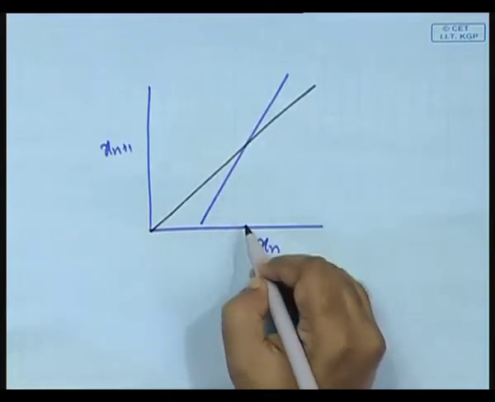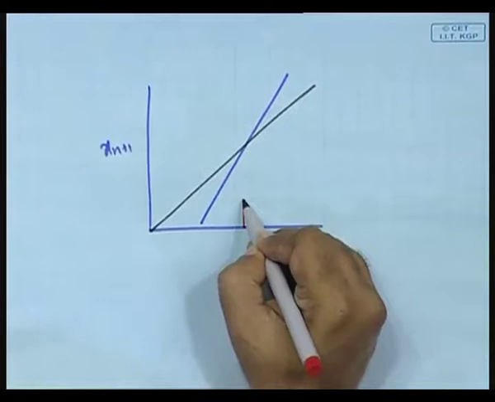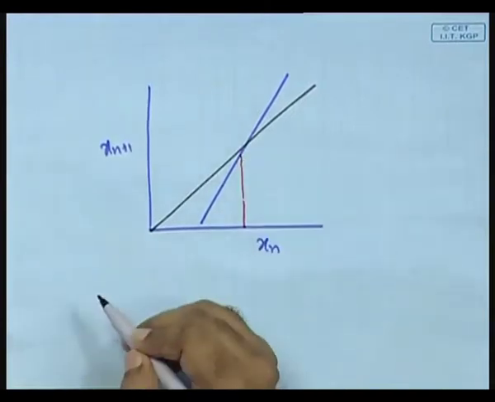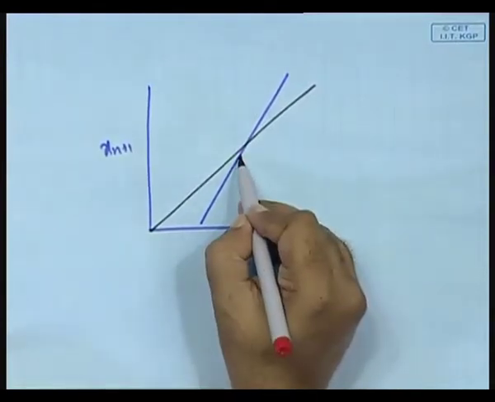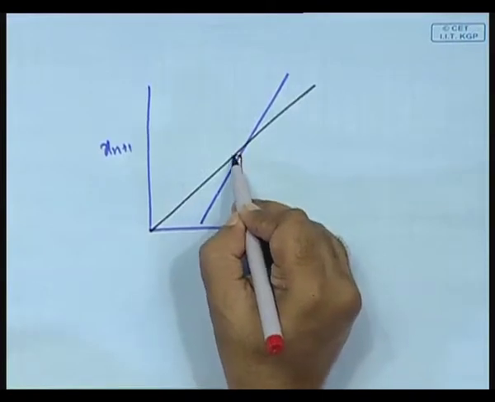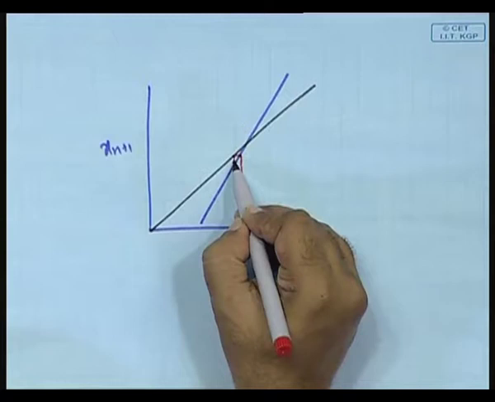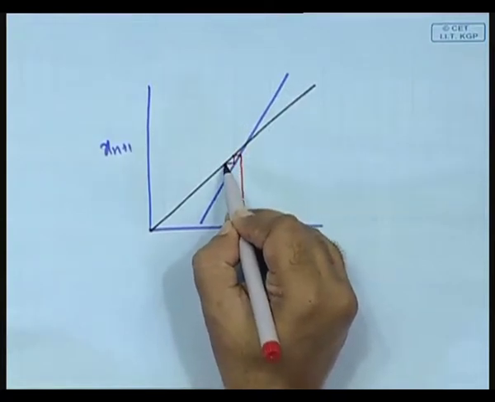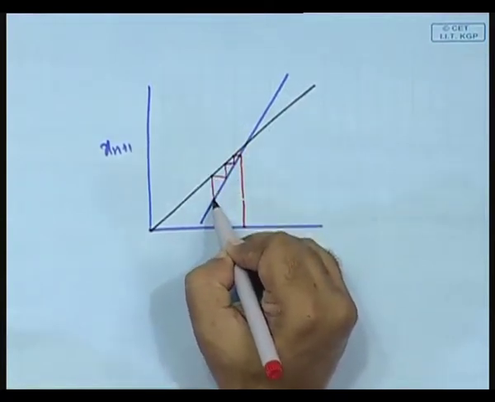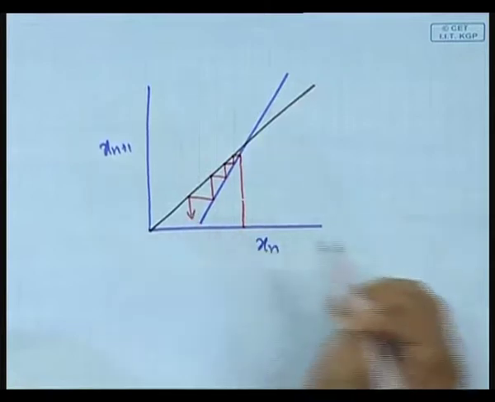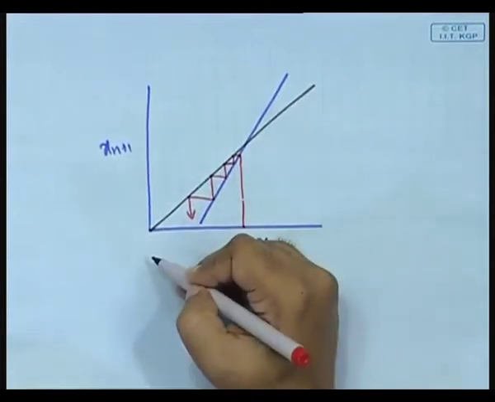I'll start close to the fixed point. You will go like this. Next iterate will be here. To obtain the next iterate, you will have to go to the 45-degree line. Again, come down here. Again, come down here. It's going outwards.